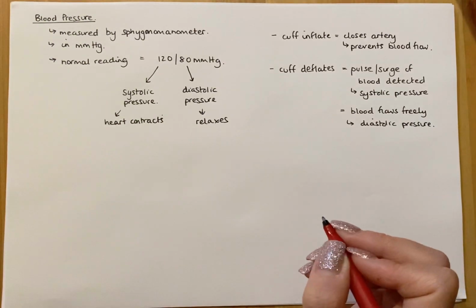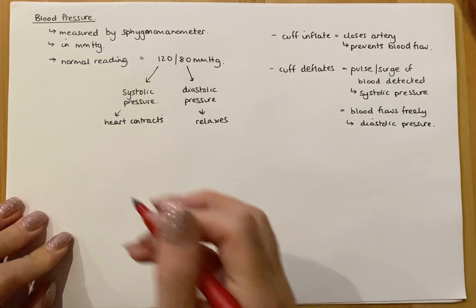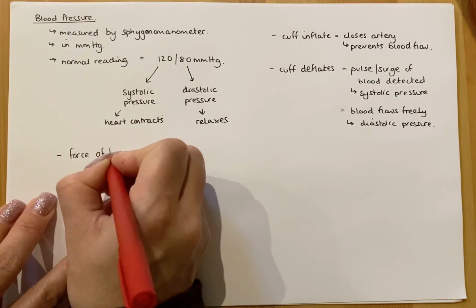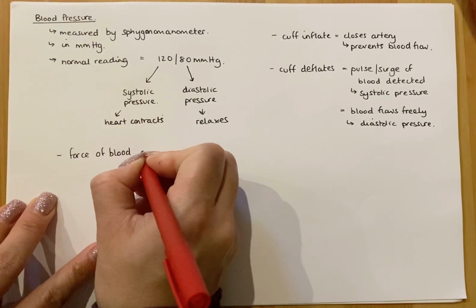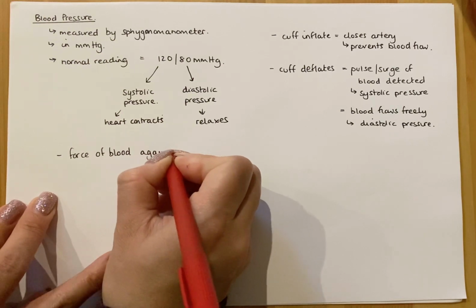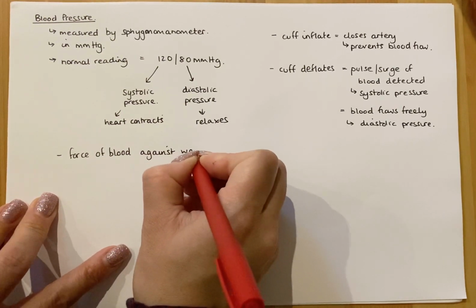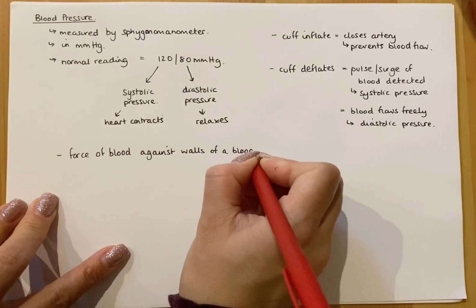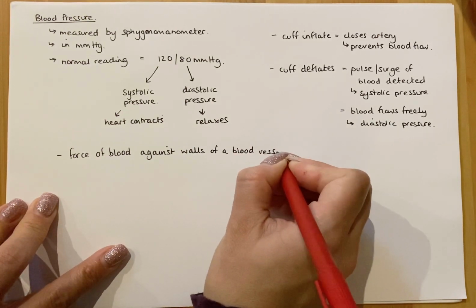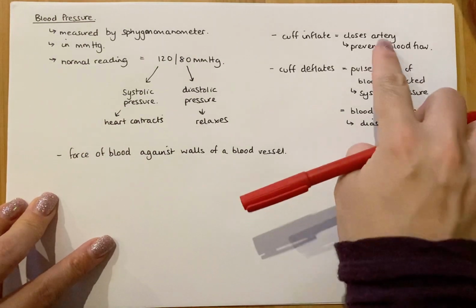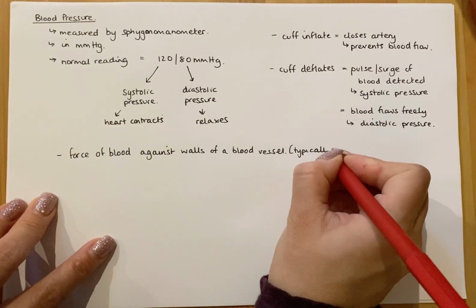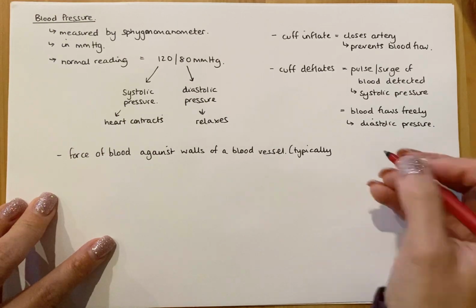What I haven't told you yet is actually what blood pressure is. Very generally, it is the force of blood against the walls of a blood vessel. When you're measuring blood pressure, it would normally be in an artery, because that's where you would feel a pulse and that typically high systolic pressure.